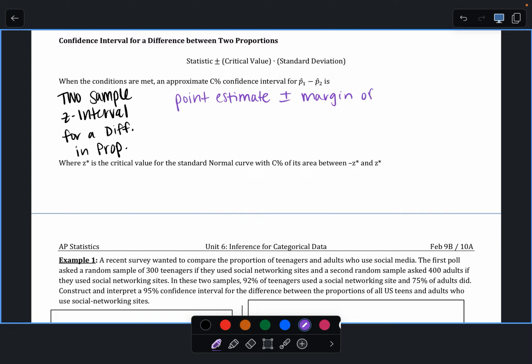The margin of error is made up of two things. It's made up of your critical value and your standard error.